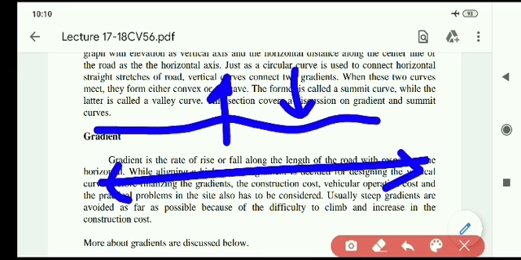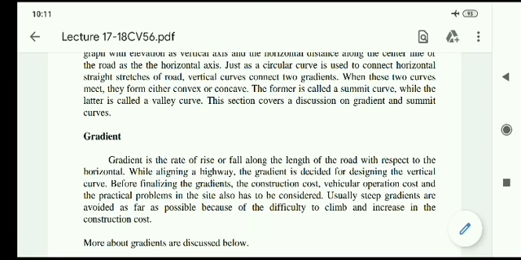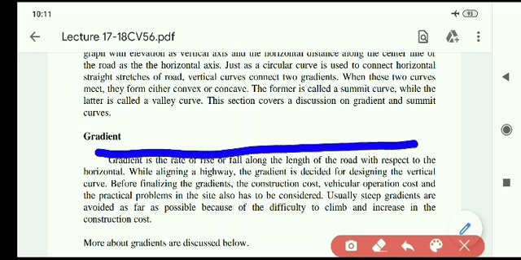This is what we need to calculate, because let us consider this as the plain ground. This much height difference is there, and this much fall is there. So these we are going to calculate: how much undulation is there. This calculation of undulations in the profile of the ground is known as gradient. Nowhere can we get a straight, plain road.